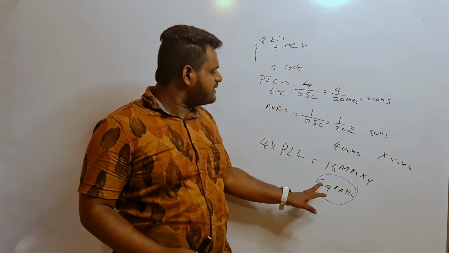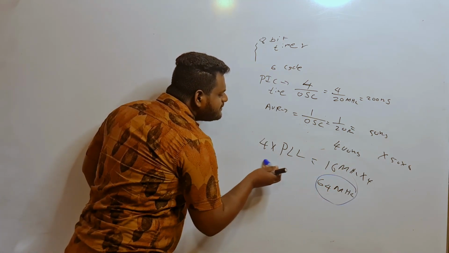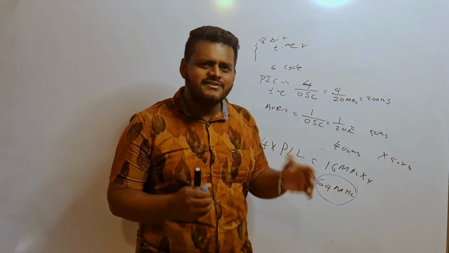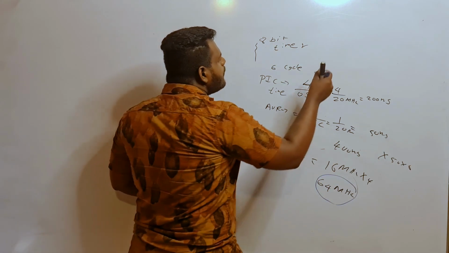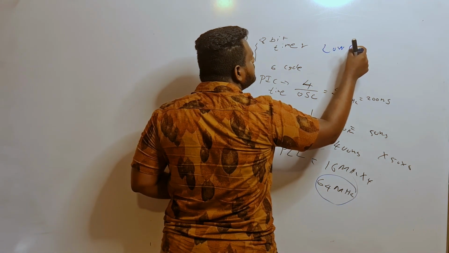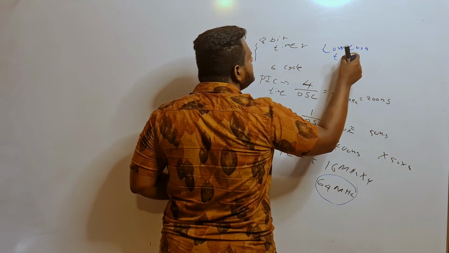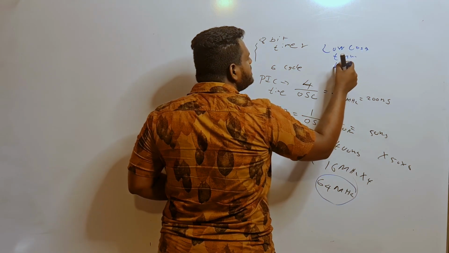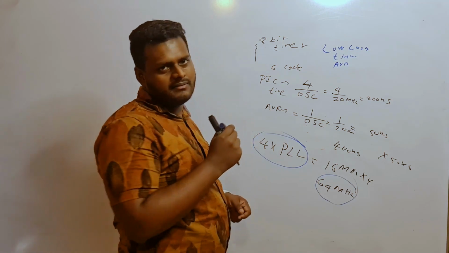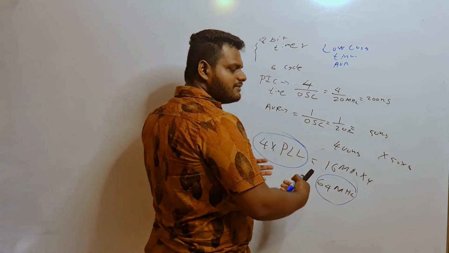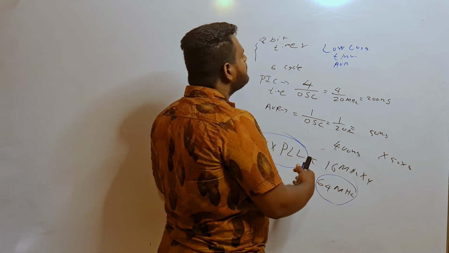So this 4 times PLL is the magic behind AVR and behind the PIC. The problem is, in very low cost tiny microcontrollers, AVR almost always has the 4 times PLL. That means that magic is available there.